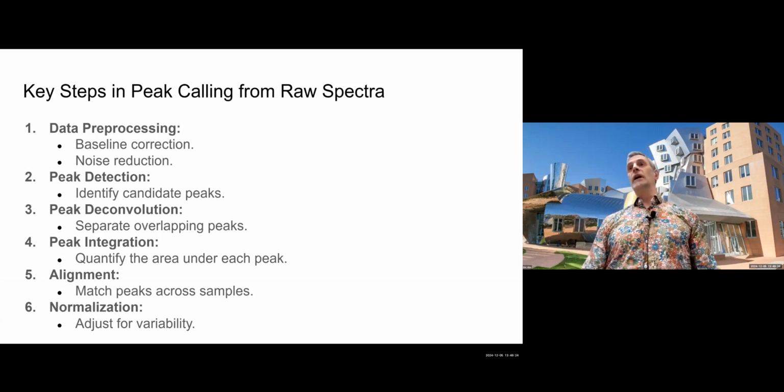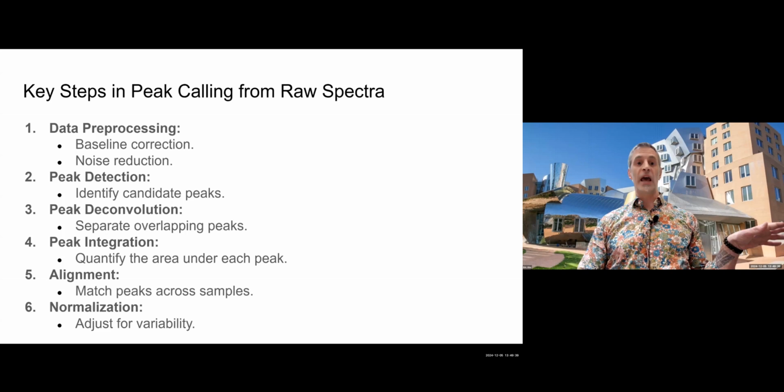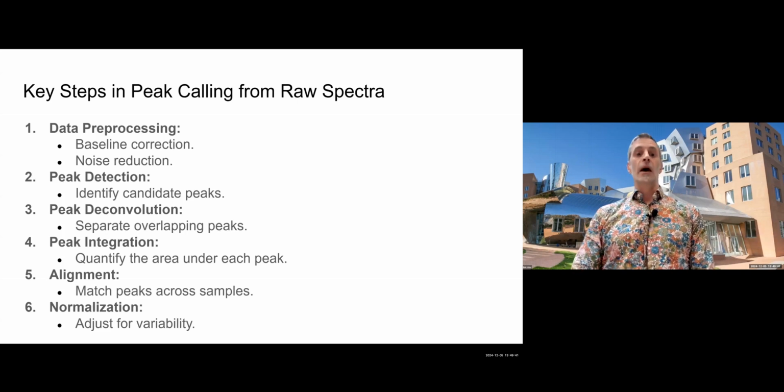In particular, the spectra could be noisy, so we might want to correct that. We might have to figure out what's the zero, what's the baseline by comparing it to blank samples that we know don't have anything in them.